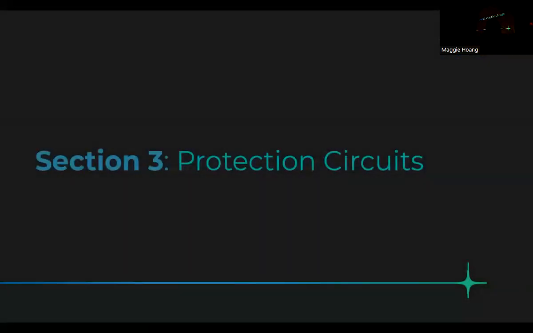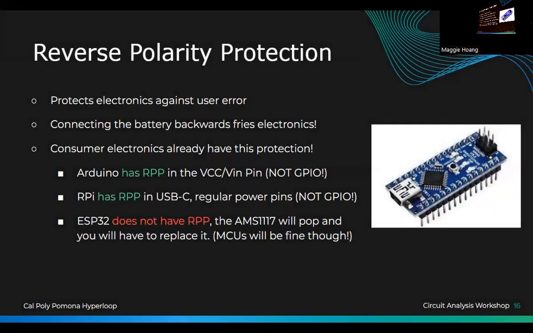Okay, cool. So protection circuits. Going back to this right here, if you didn't have this diode, it would blow up the system, or fry it. This section is going to go over that and other ways to implement a protection system.